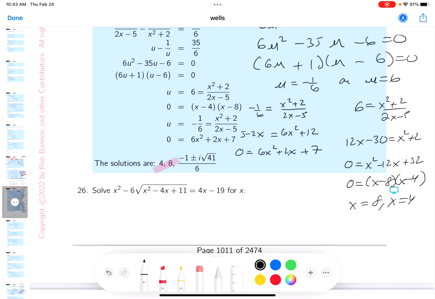So what I'm going to do is use the quadratic formula, where x is going to be equal to, over twice a, which is 12, the opposite of b, which is minus 2, plus or minus the square root. So let's see, it's going to be b squared, which is 4, minus 4ac.